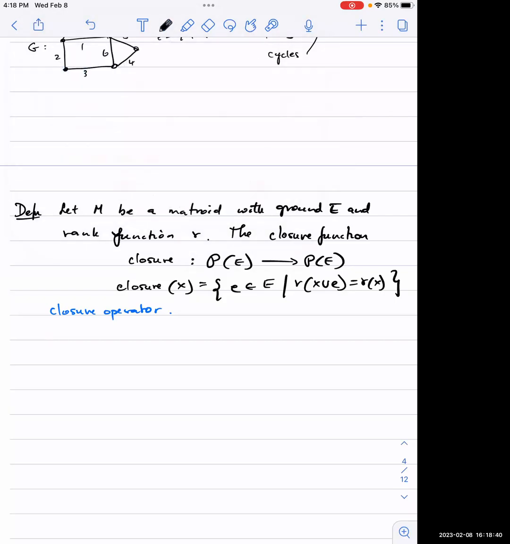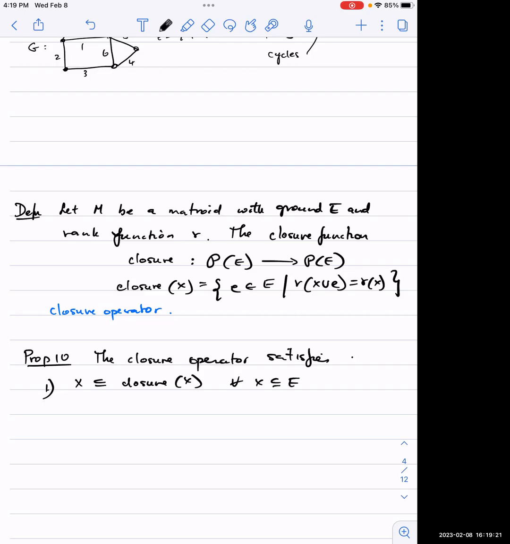And let's look at the properties that the closure operator satisfies, and then those will become the closure axioms. And I think we are on proposition 10. The closure operator satisfies the following, and all of these are meaningful. 1, X is contained in its closure, for all X in E, the ground set.